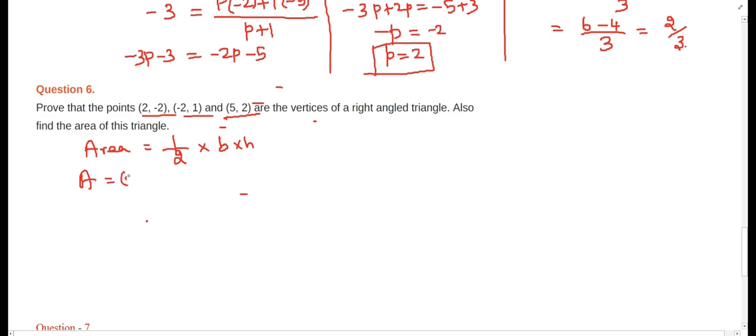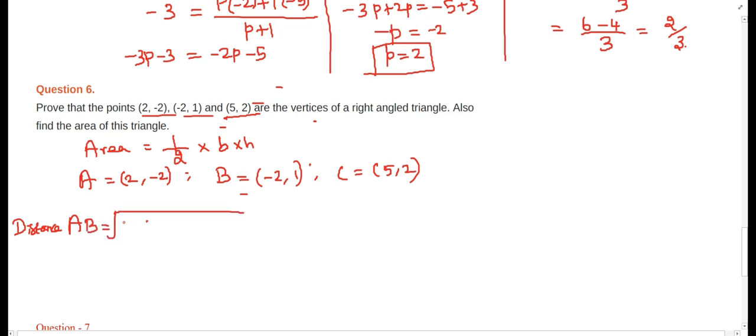So A equal to (2, minus 2), B is (minus 2, 1), and C equal to (5, 2). So distance of AB is equal to square root of, using the same formula, (x2 minus x1) whole square. So (minus 2 minus 2) whole square plus (1 plus 2) whole square, which is equal to root of 16 plus 9, it will be 5.